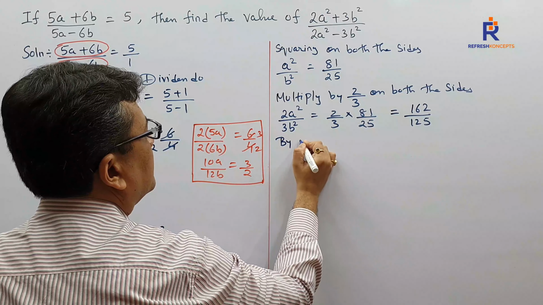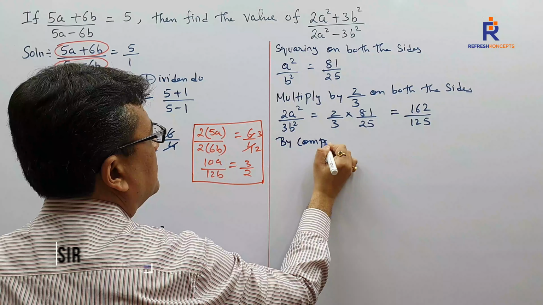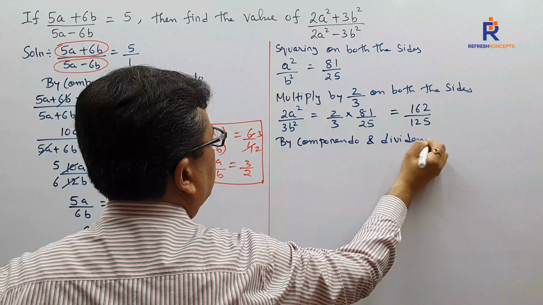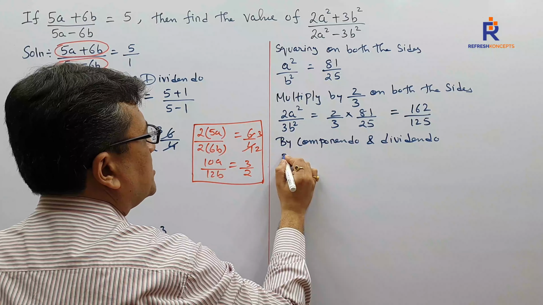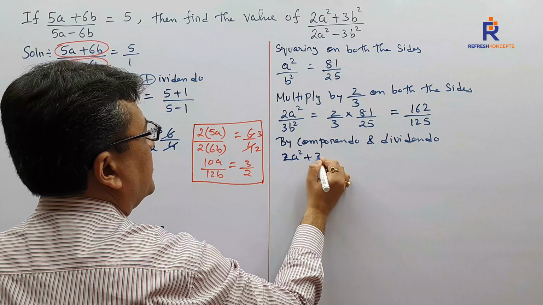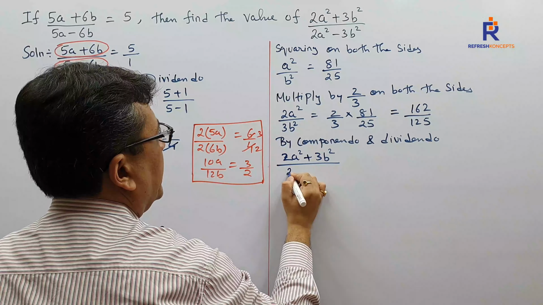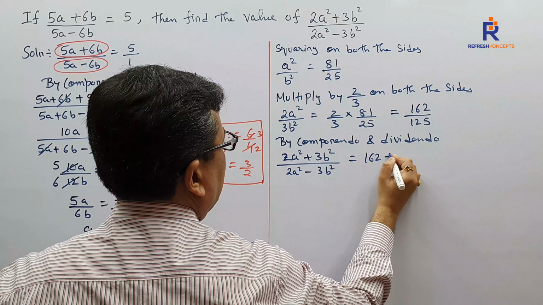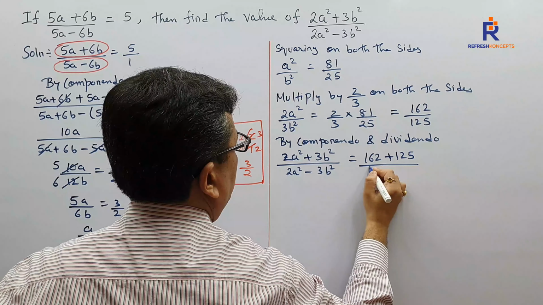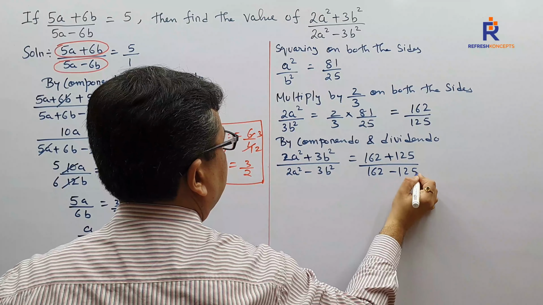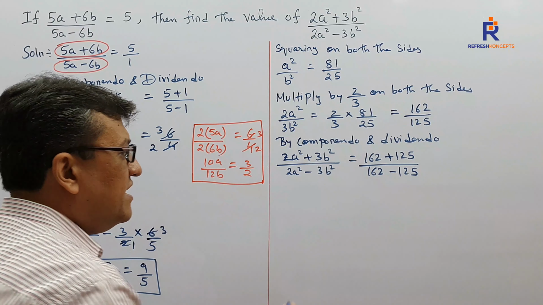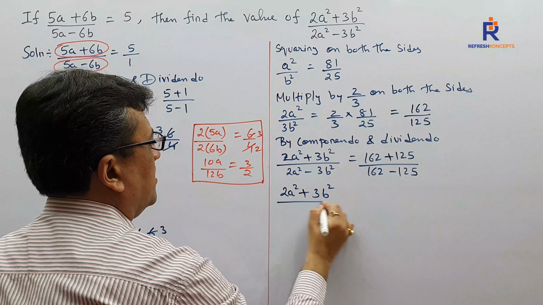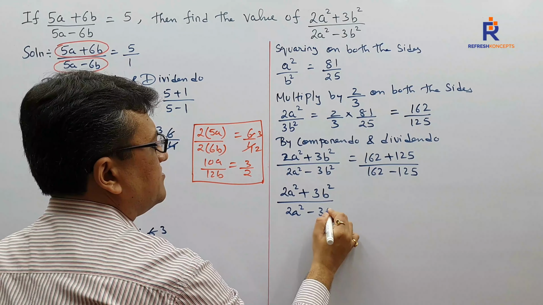By componendo and dividendo: 2a square plus 3b square upon 2a square minus 3b square equals 162 plus 125 upon 162 minus 125.